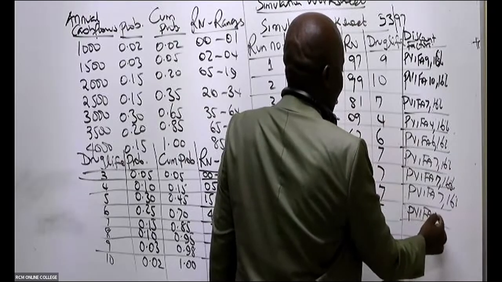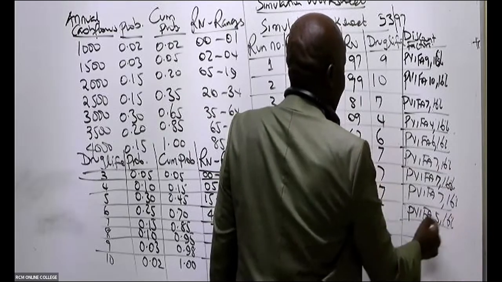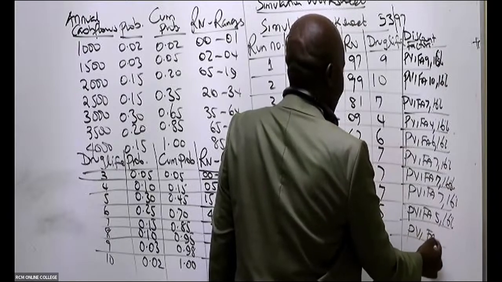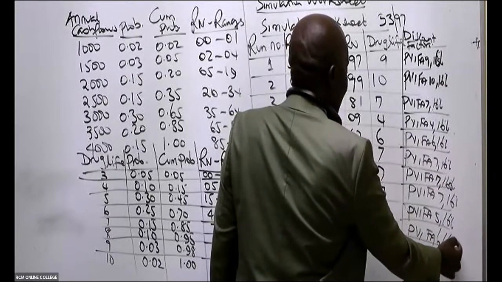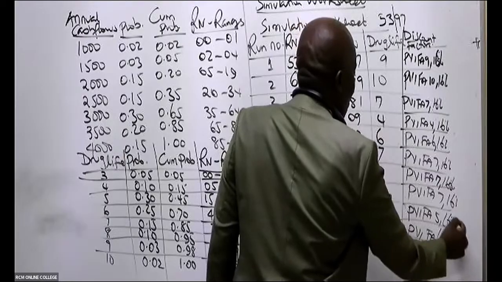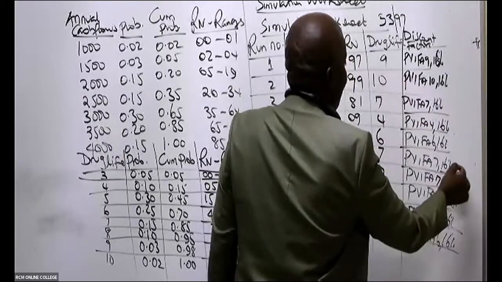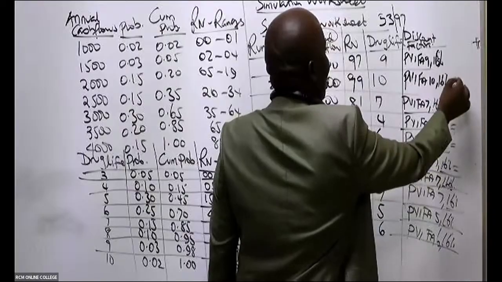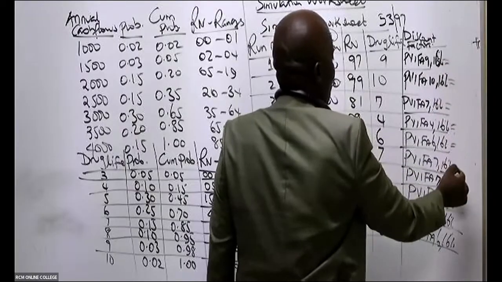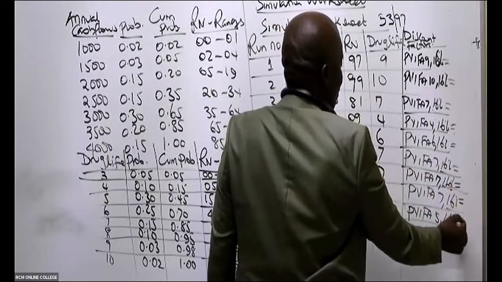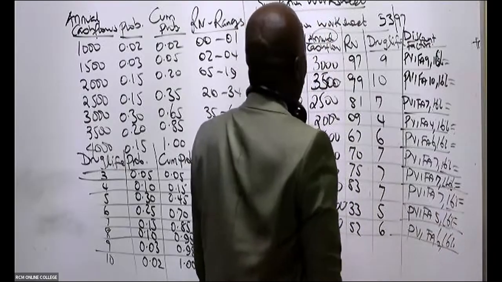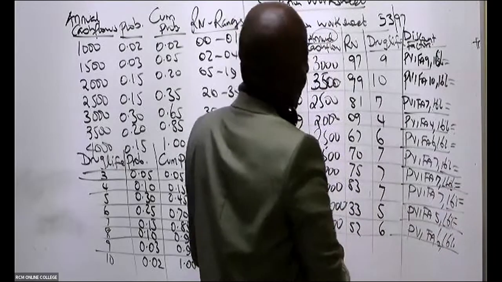PVFA 5, 16%. PVFA 6, 16%. So of course, for those of you who have got discounting tables, you can easily read them. But for now, I want you to use calculators to give me these answers.